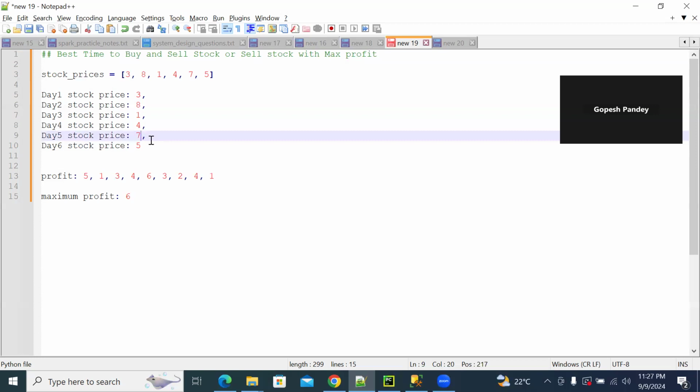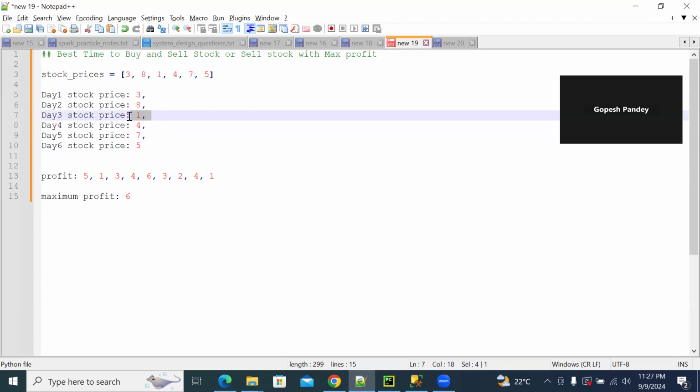All right. Now we are moving to day 6. Day 6 stock price is 5. So if you are buying at day 1, stock price is 3, so we will end up with a profit of 2. If you are buying stock on day 2 with 8 rupees and selling with 5 rupees, you are getting a loss, so we will not write it down.